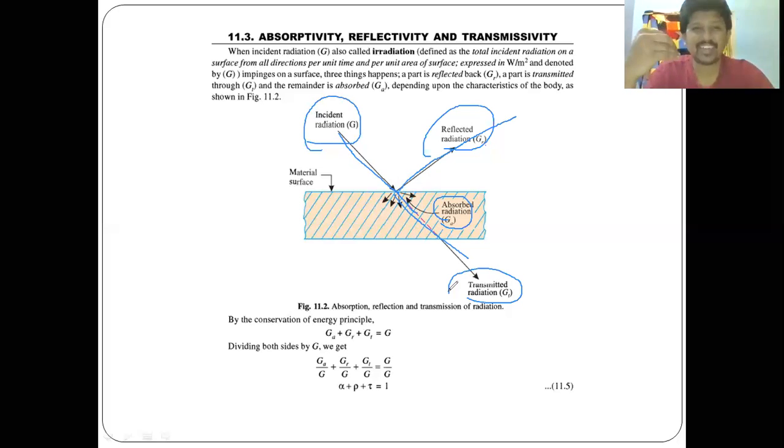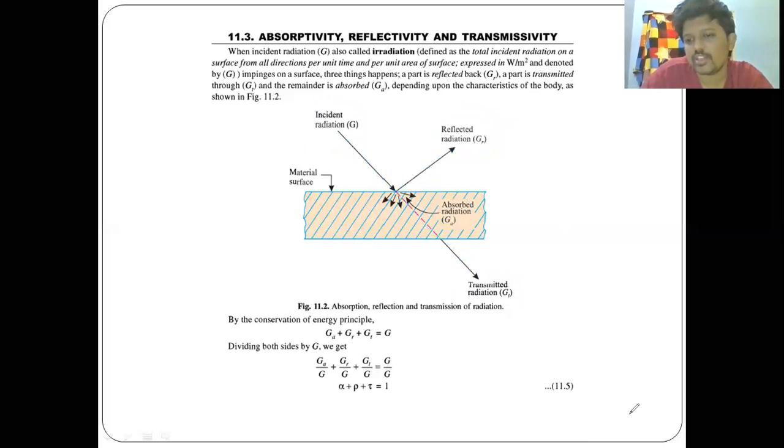So we have an incident ray Gi or G, which can be reflected, which is Gr, absorbed, which is Ga, or transmitted, which is Gt. And we should know that by the energy conservation principle, the total energy will always be constant, come what might. So the total incident energy will be equal to the sum of these three things: reflected, absorbed, and transmitted.